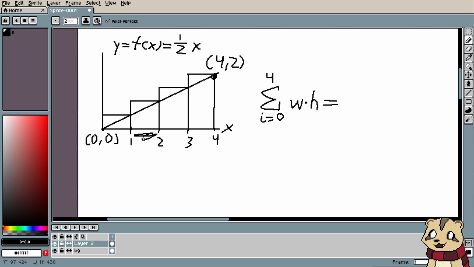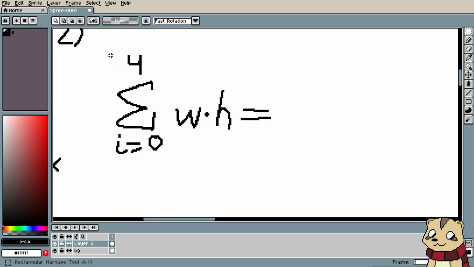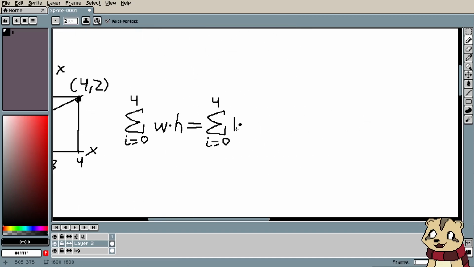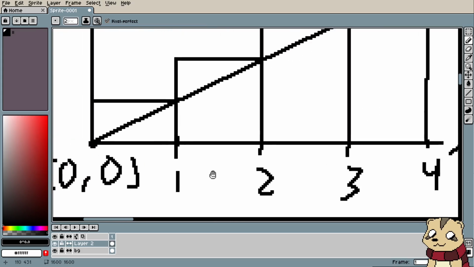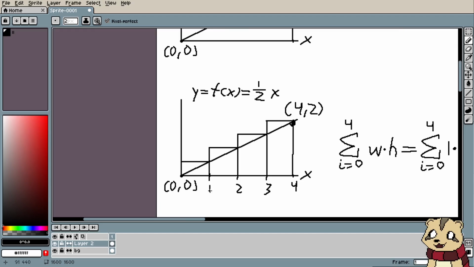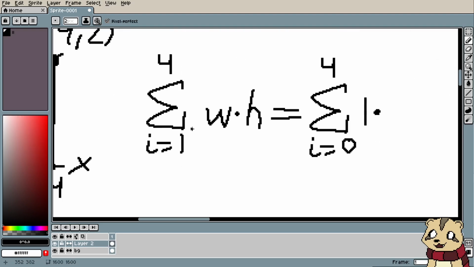Well, I set all these to 1 wide each, so it's really just going to be a width of 1 for all of them. And then the height, I made the height dependent on where this x value was. And actually, I just realized we should start at 1, because then it's i equals 1, then 2, then 3, then 4.